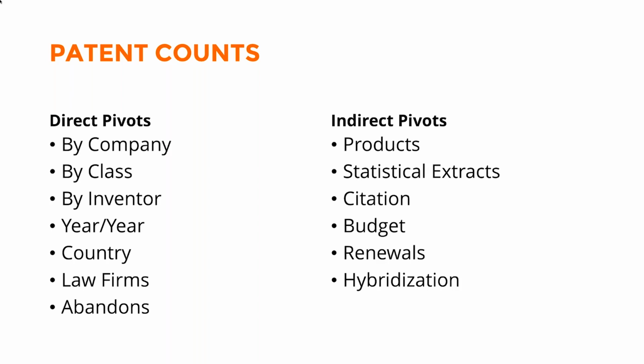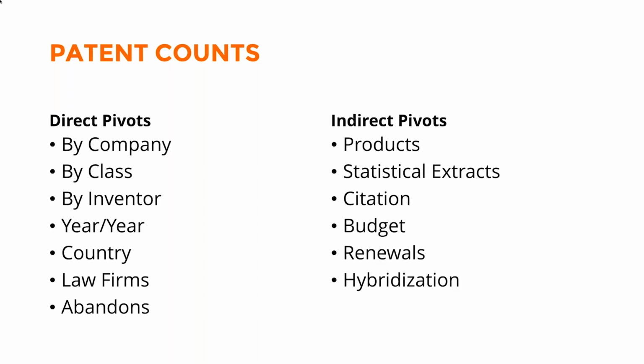And then when I talk about the indirect pivots, I'm going to talk about stacking patents or IP around products, various statistical or semantic extracts of concepts either in the patent body itself, free text, or harvesting things glossary-wise and trying to find things that have a high degree of similarity.